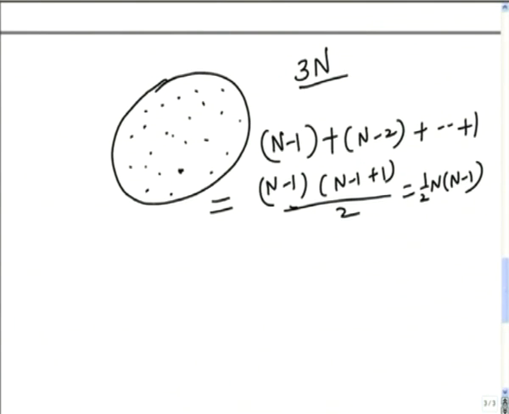Suppose you take n equal to 100, so 3n is 300, but this will be 100 times 99 by 2, that means 50 into 99, which is 4950. So these are much more than 3n. But all of these equations are not independent, so therefore this way we cannot ascertain the degrees of freedom.